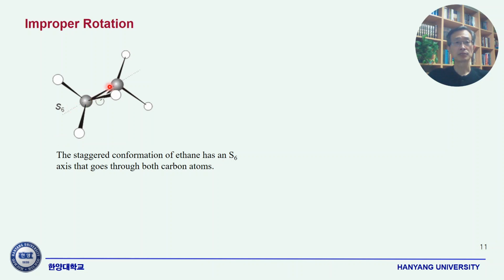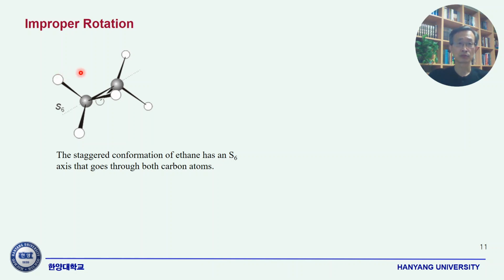For improper rotation, notice that this is the ethane molecule. There is an S6 axis from one carbon to the next carbon. This is a staggered conformation. If you do one C6 operation, you do a 60-degree rotation.